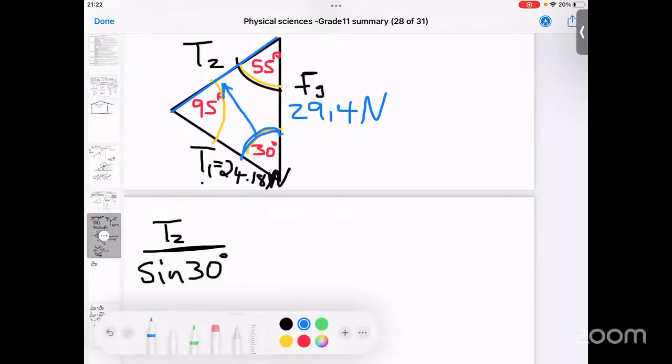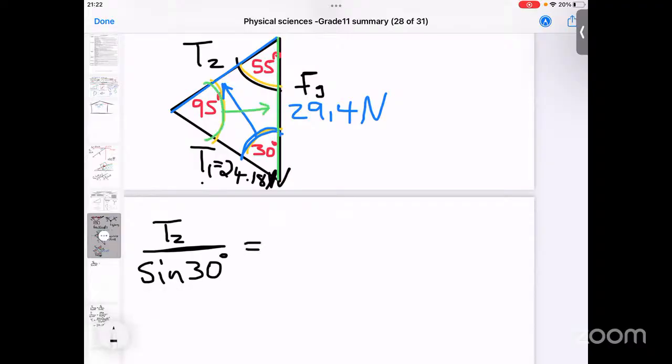Just like we did with this one, we said this side we divide by its opposite angle. That's how the sine rule works, which means here we are going to equate this to that Fg, which is 29.4. Then we divide it by sine of, again, 95 degrees.